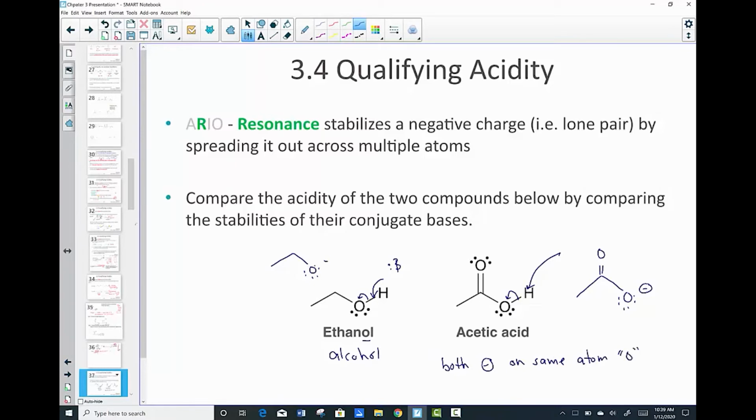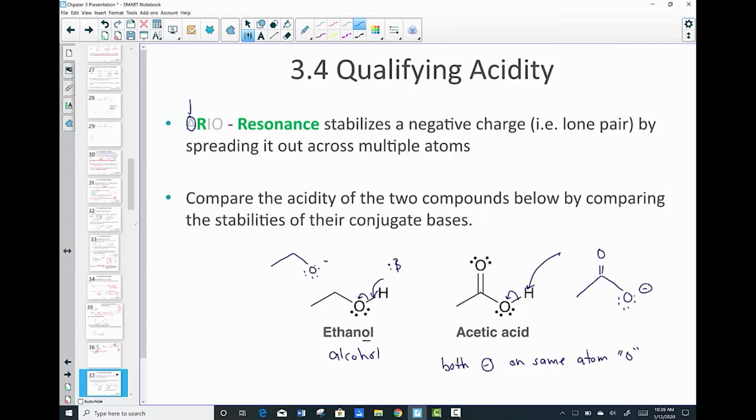So the first ARIO, the atom, doesn't play a role here because it's the same atom. The atom that has the negative charge is oxygen in both cases. So then I go down to the next letter, R. R stands for resonance. If the atom didn't help me determine which is the better acid, and the better acid is one that stabilizes its conjugate base, I go to R, which is resonance.